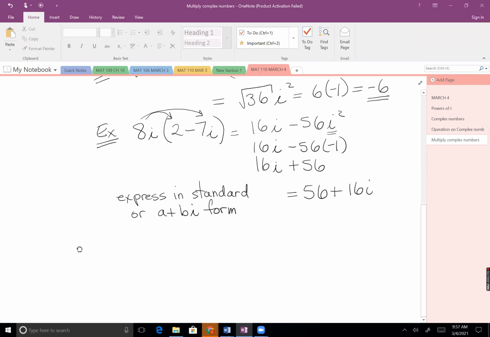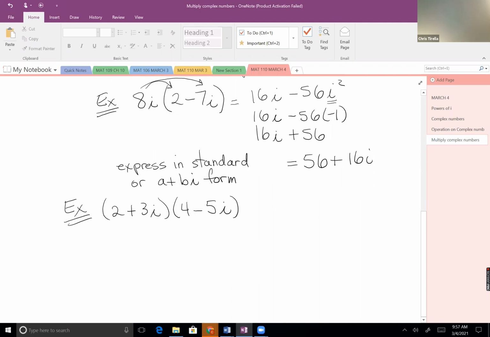Yeah, that's straightforward. Then next ones, we're going to look at the product of two complex numbers. If I look at 2 plus 3i times 4 minus 5i, I'm going to treat this like I would treat if those i's were a variable instead of that basic imaginary unit.